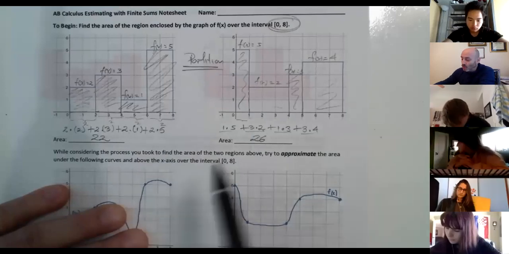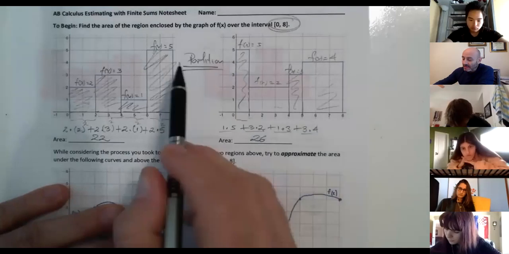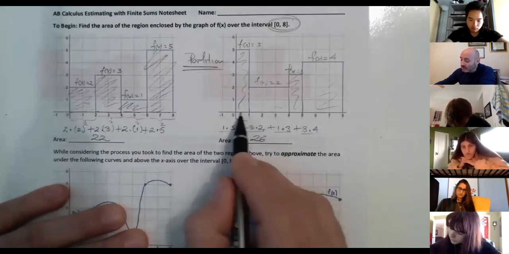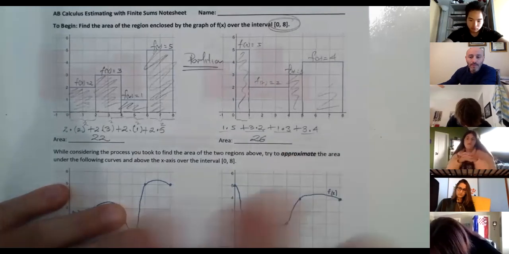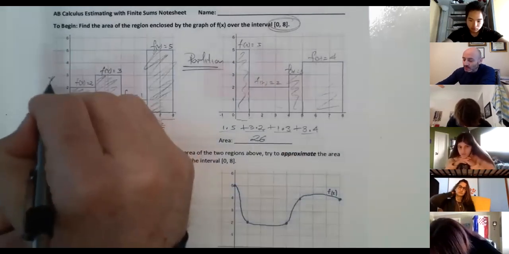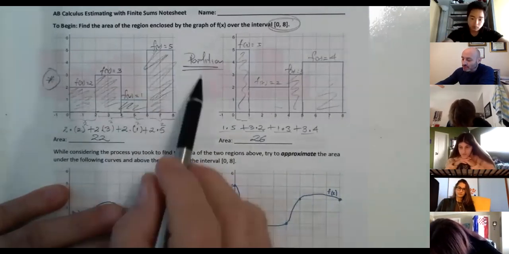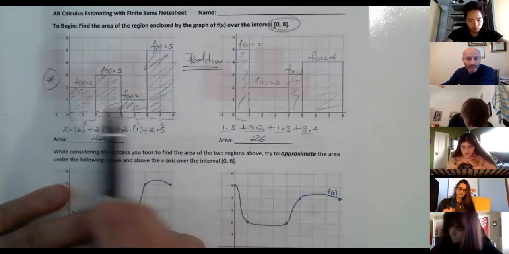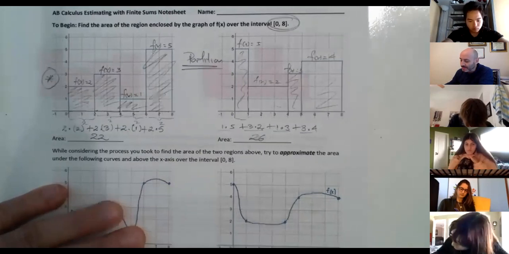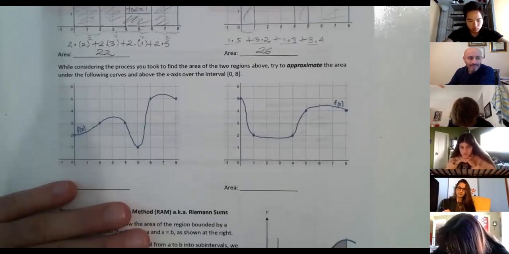On the second example, we have a different partition and the lengths of the intervals are not the same. So most of the time, we end up doing this because it's more convenient, meaning a partition where all the intervals or all the rectangles have the same base length. So that's what we're going to try to do here.